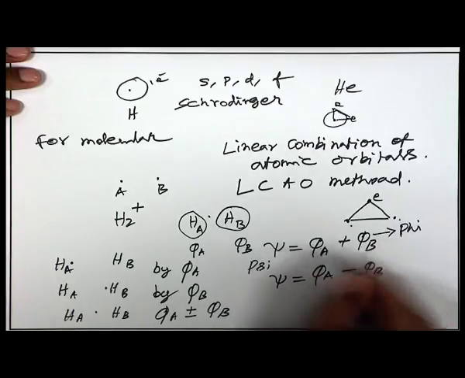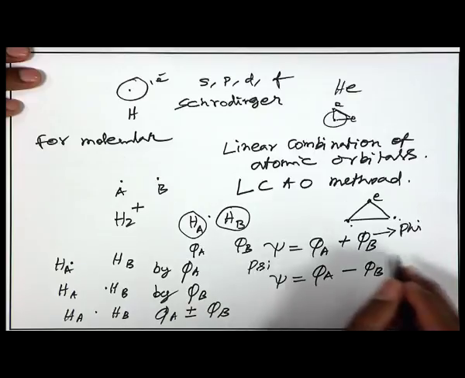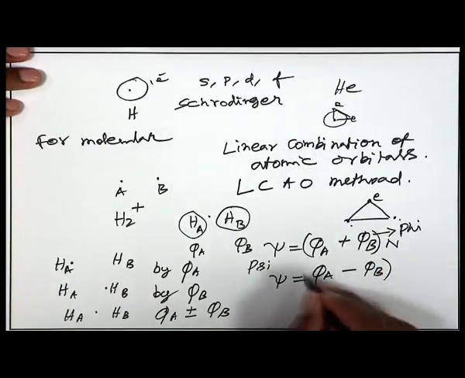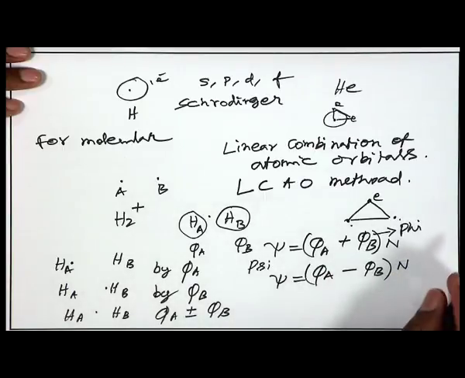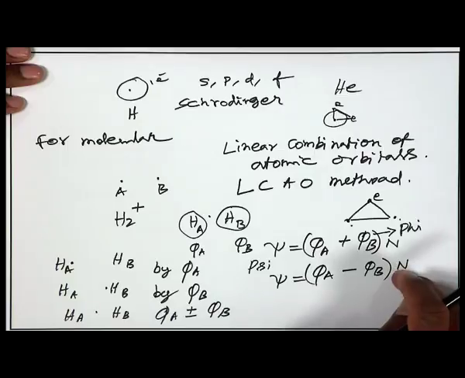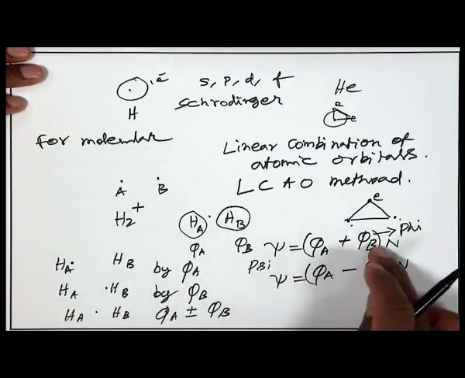Another important parameter to be added is the normalization constant. What is the normalization constant? You might have studied it while studying atomic structure, and you will study it more in higher classes. For now, let us take it as a normalization constant N added to the wave function, because we are starting with approximate wave functions.